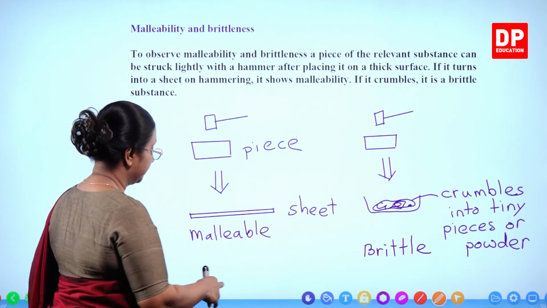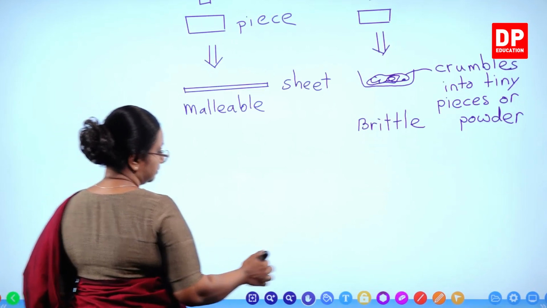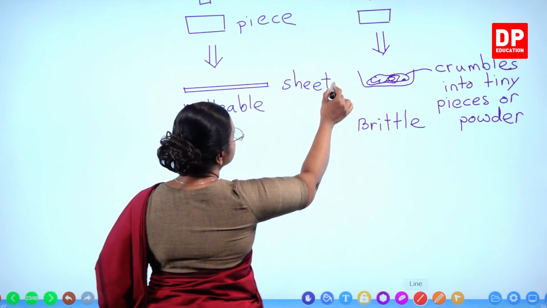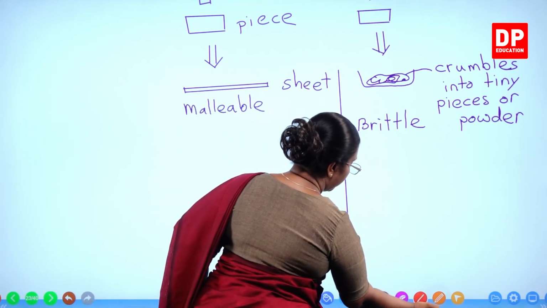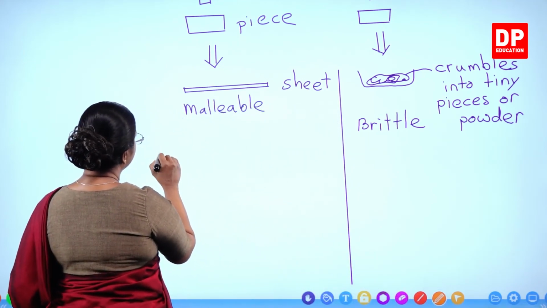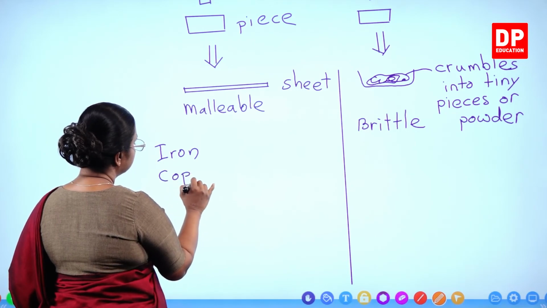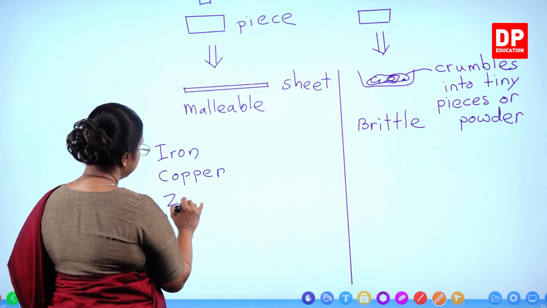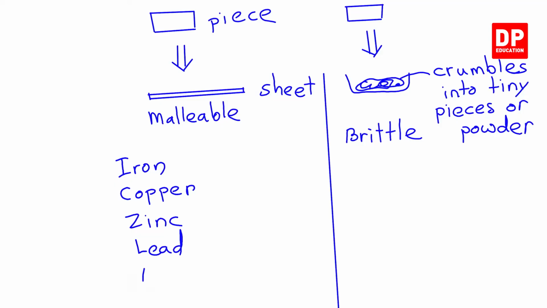When you do this, you will see on this side, you will have iron, copper, zinc, lead, aluminium.